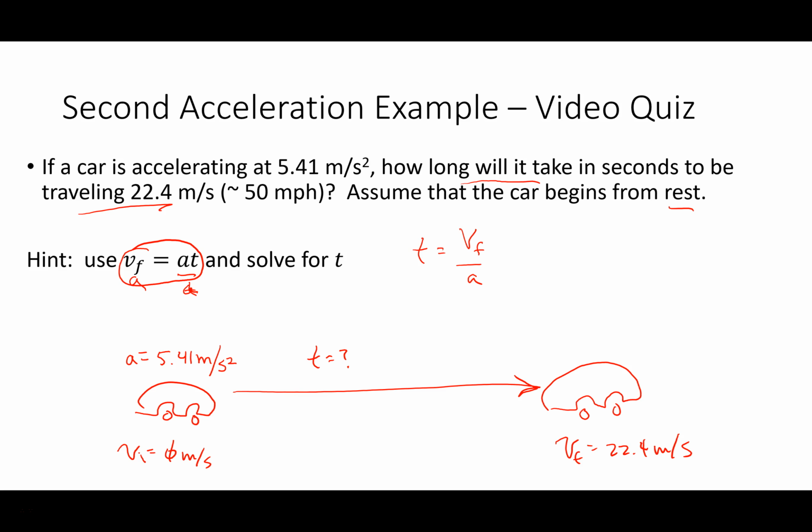All right. So I'll do it down here. So time is equal to final velocity, which is 22.4 meters per second, divided by the acceleration, which was 5.41 meters per second squared.